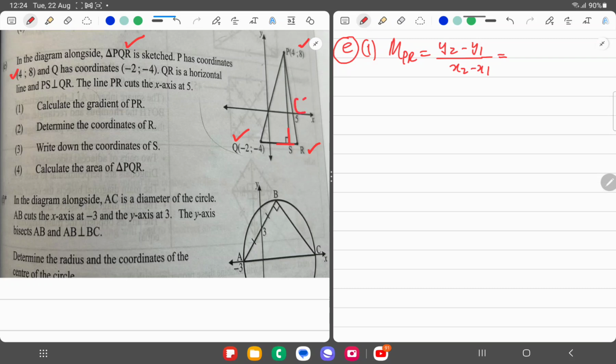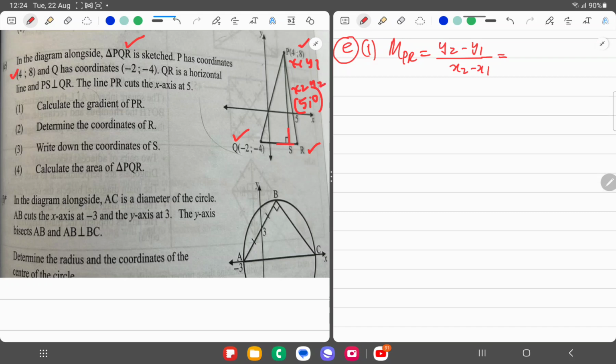The coordinates of this point are (5, 0). So we're going to say this one is x1, y1, and this one here is x2, y2.